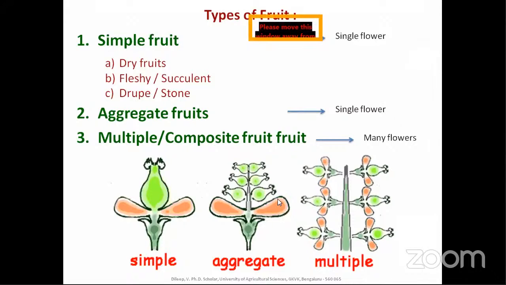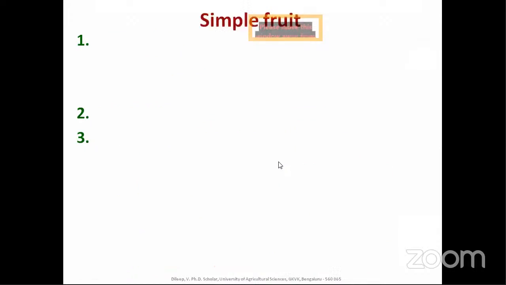I will show you each and everything with examples. You should remember these things: simple fruit, aggregate fruit from a single flower, and multiple fruit from many flowers. There might be a question: which among the following is developed from only one flower? At that time, you should be in a position to answer that question.